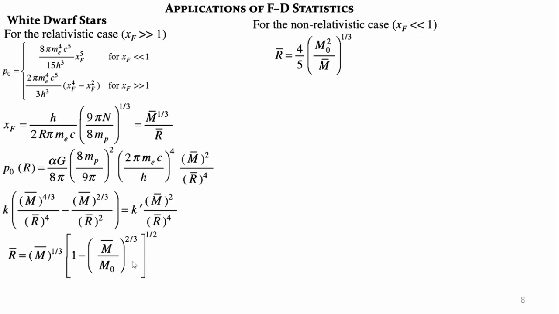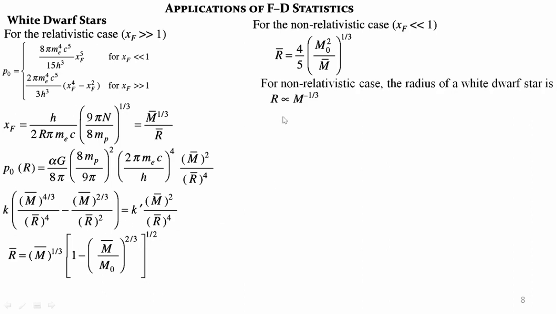The main physics comes now here. And what is the moral of the story here is that for a non-relativistic case, the radius of a white dwarf star is inversely proportional to its mass, because this is m bar raised to the power 3. So m bar is related to the mass itself. So we can say the radius is inversely proportional to the mass to the power 1/3.